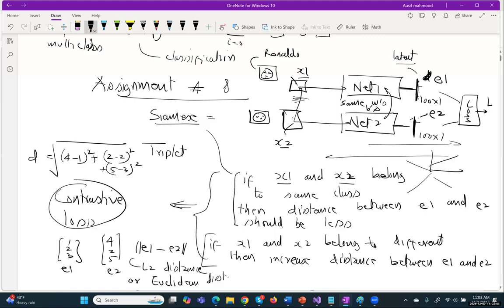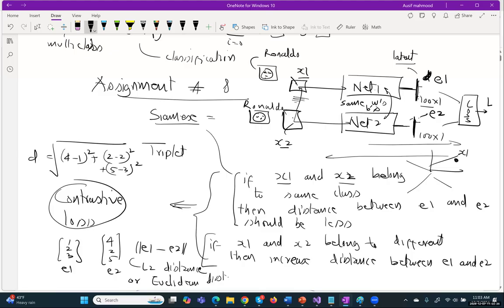Remember, as I mentioned, every input is a single point in this high-dimensional space that we are transforming the data to. So in this 100-dimensional space, x1 will be 1 point over here, right?